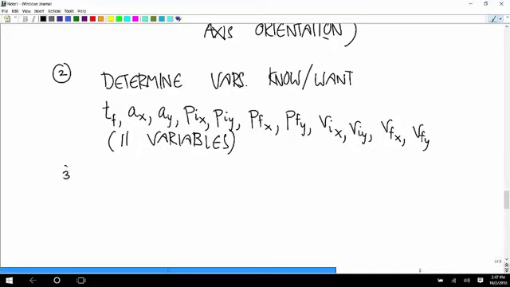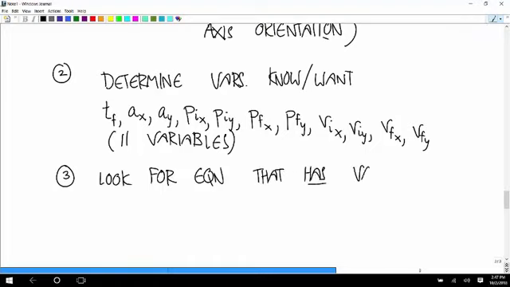Then step 3, we're going to look for an equation out of the 6 possible constant acceleration equations. We used to only have 3, now we have 6. So look for an equation that has the variable you want and where all the other variables are known.